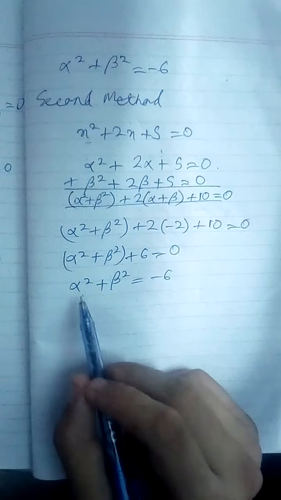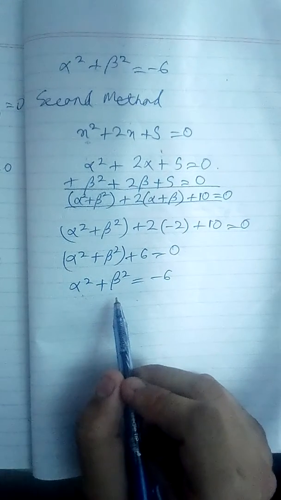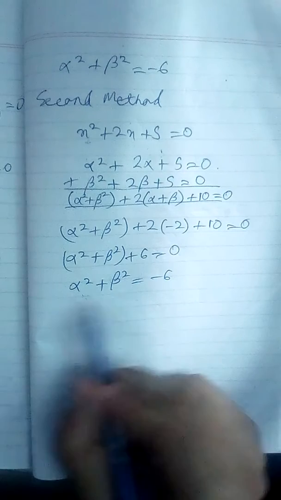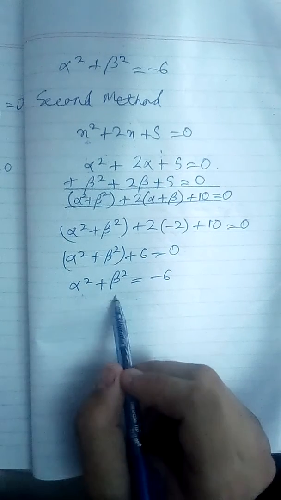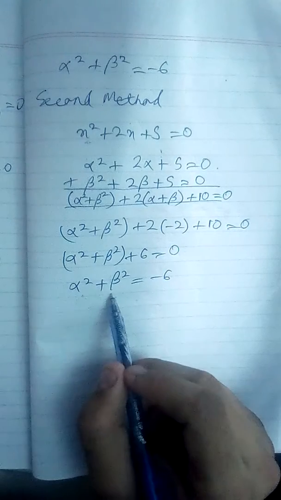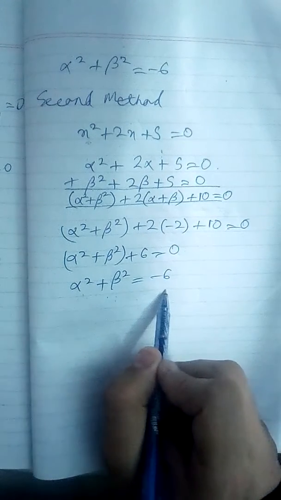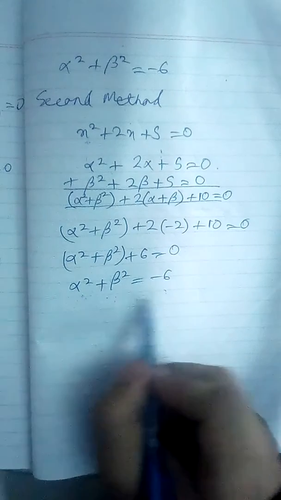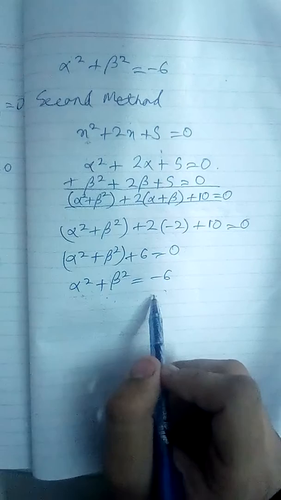So we could not say that either of alpha or beta has complex values. We say that both alpha and beta are complex. The reason is that the sum of their squares is equal to minus 6.